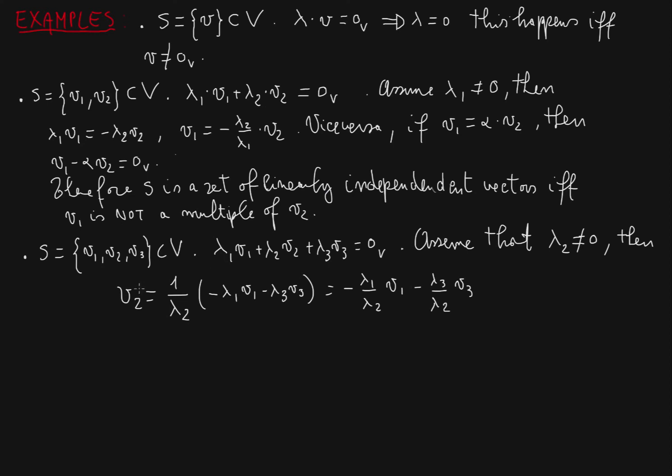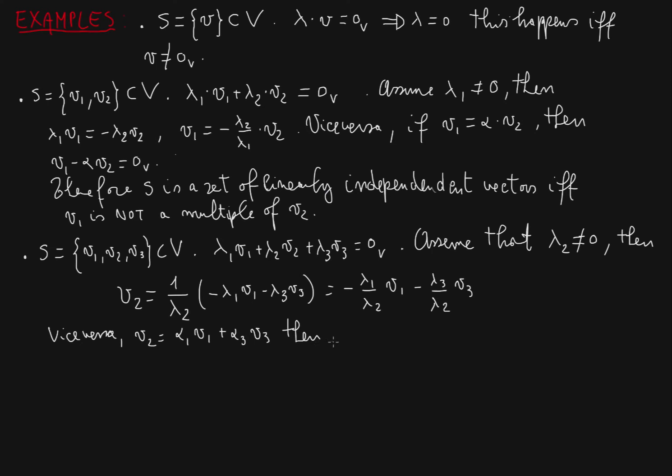So vice versa, if v2 is expressible as a linear combination of v1 and v3, let's say alpha 1 v1 plus alpha 3 v3, then I can certainly find a non-trivial linear combination that gives me the zero vector in V of these three vectors.